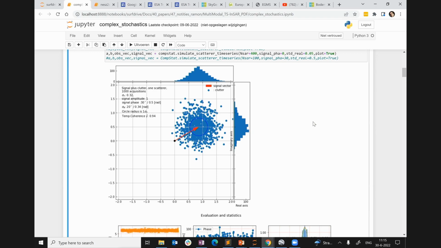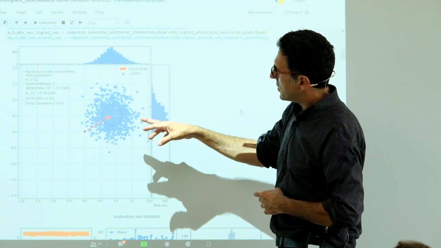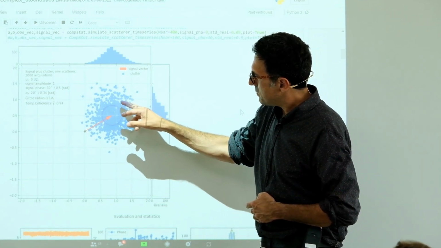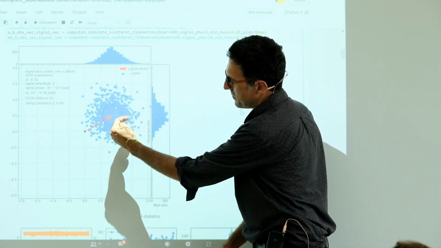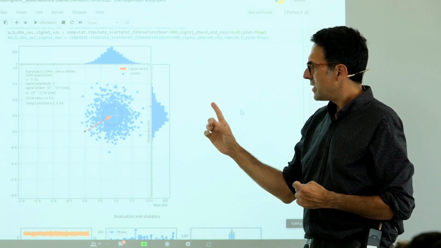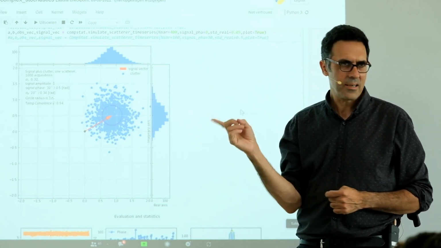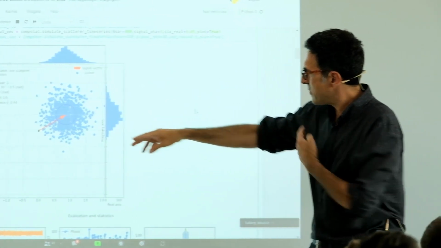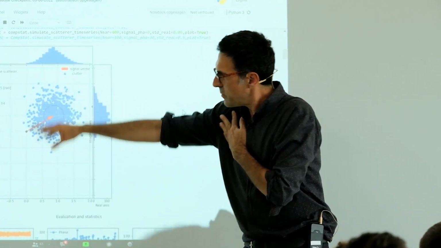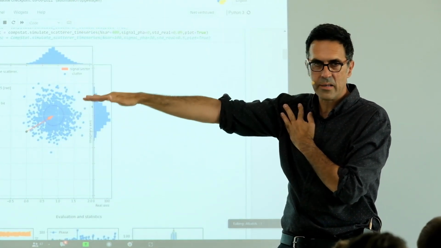We call this circular Gaussian. That's the type of noise that we have. What you get from this is that if this is the noise, then for this red vector the phase is much less clear. Do you understand that? If my arm is this red vector and I have so much noise around it, it could very well vary in this direction.